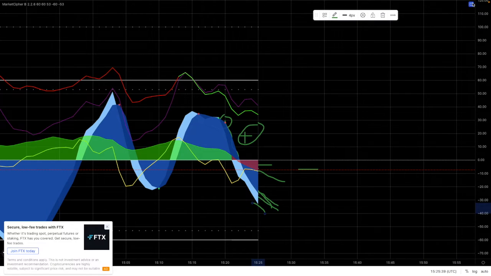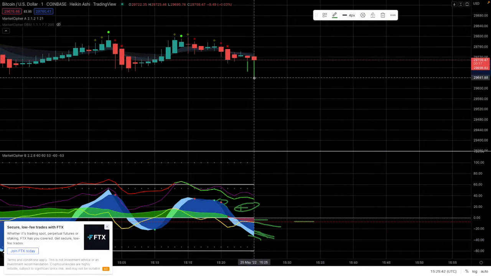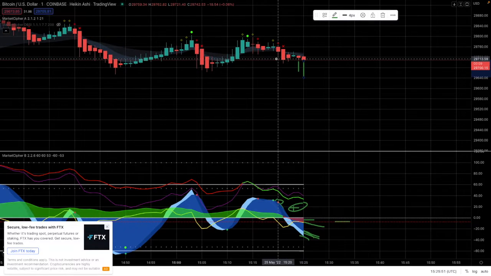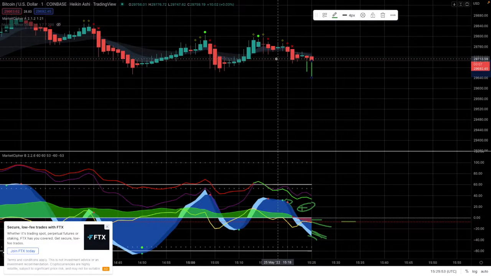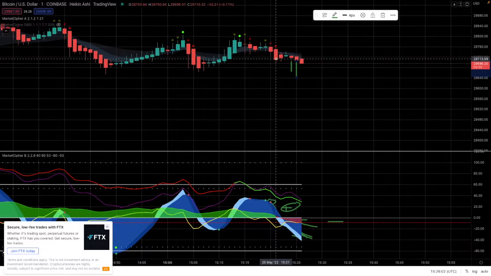This is typical Market Cipher for you. It's still dropping. It's real-time empirical data, real-time trading. Simple entries, and you don't have to rush on a lower time frame using Market Cipher. You just have to set your trades or entries very well, and when you hit your profit target, take it.